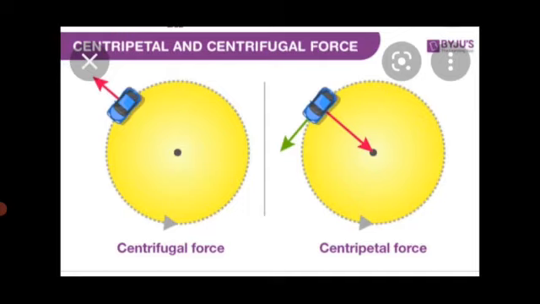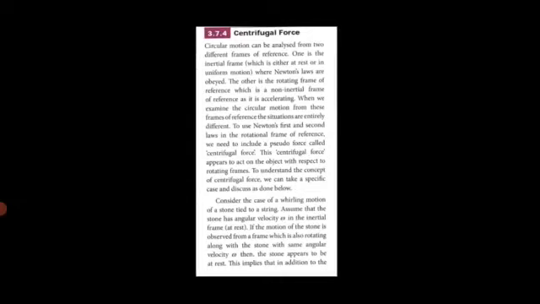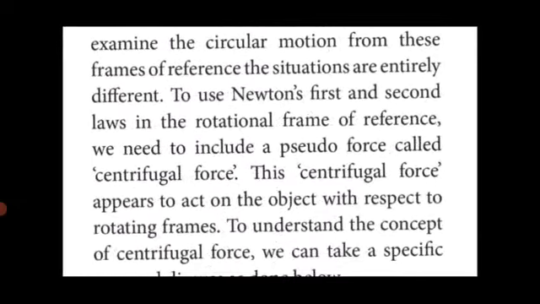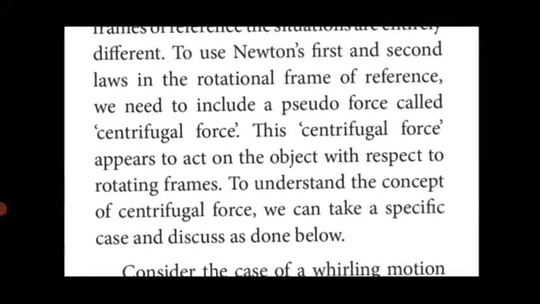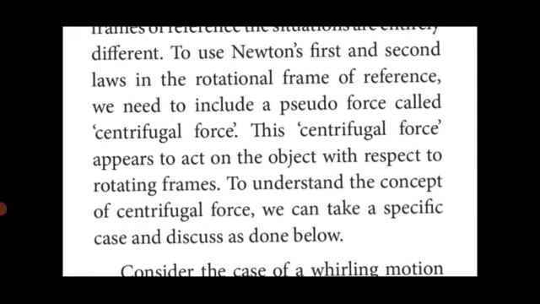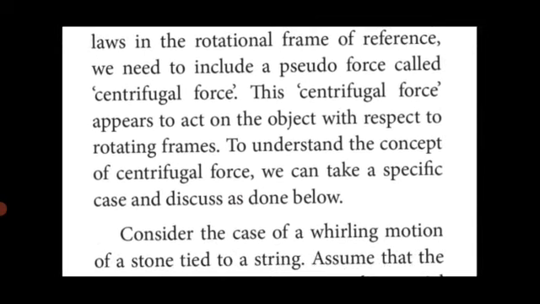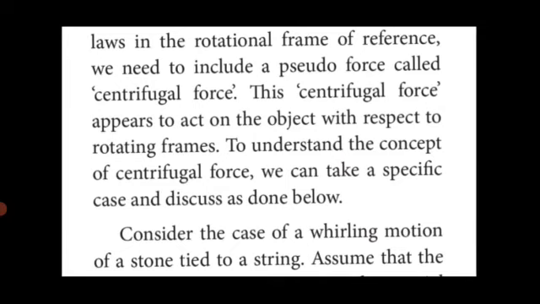We have to know these two different forces. To use Newton's first law and second law in the rotational frame of reference, that means the non-inertial frame of reference, we need to include a pseudo force that is called centrifugal force. Centrifugal force appears to act on an object with respect to the rotating frame, that is the non-inertial frame.